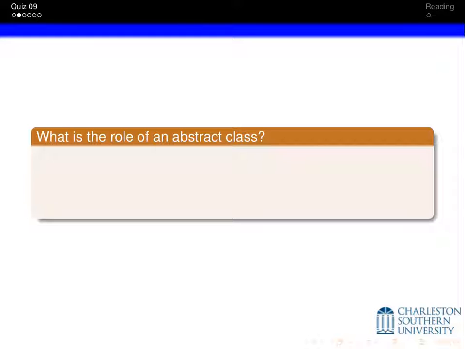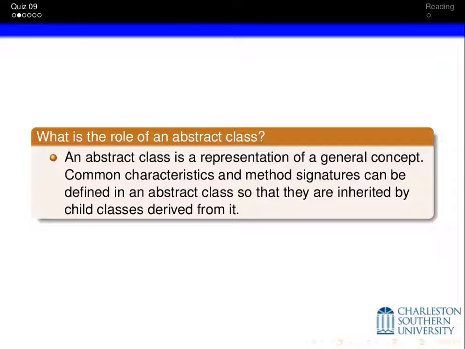It's a way to enforce that certain methods have to exist in your code. Yes, it forces you to write certain methods. The idea represents a general concept. Common characteristics and signatures can be defined as abstract. So anyone that inherits has to derive from it, either they get the functions or they have to override certain functions.